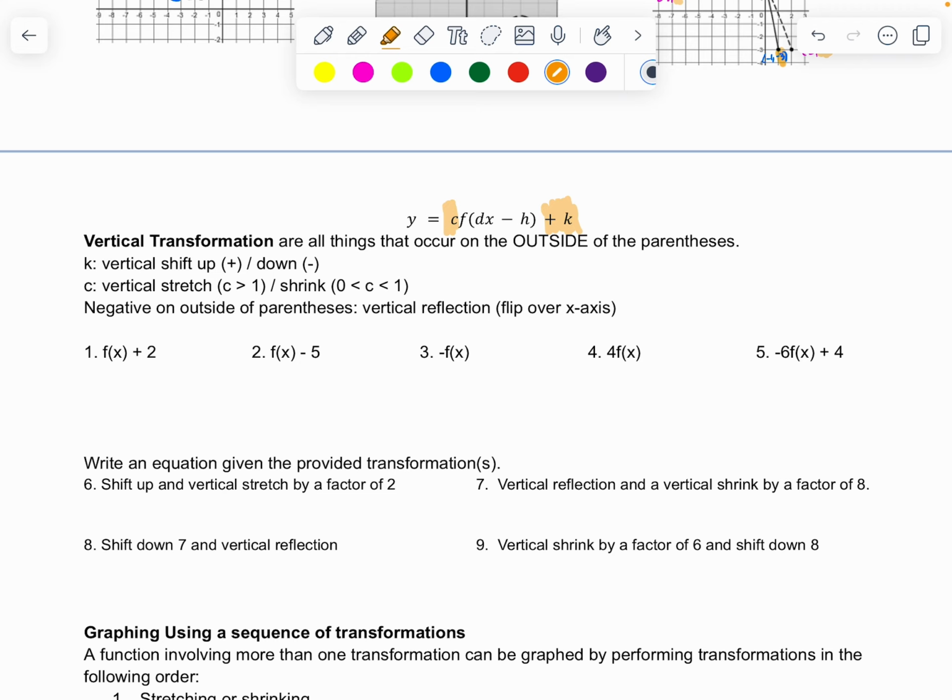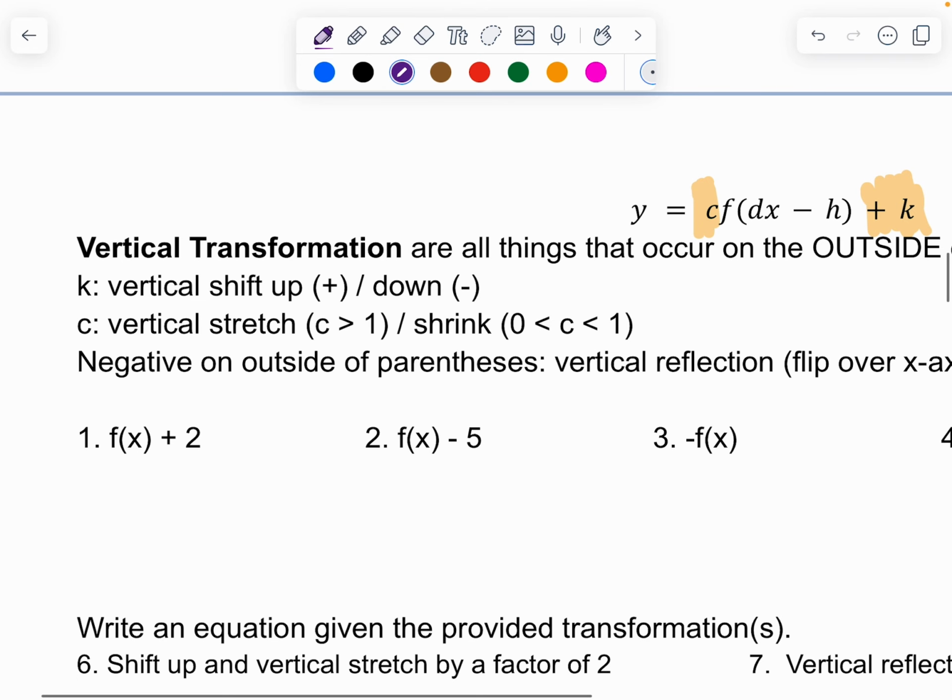Okay, so if I am talking about a vertical shift, I'm not even going to change anything that's on the inside, just going to be looking at the stuff on the outside right now. If it has a plus sign on the outside, that means we're going up.